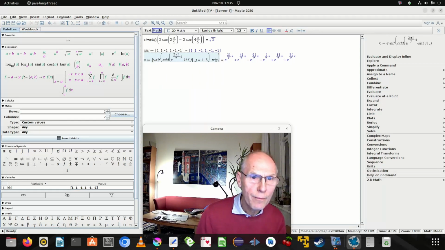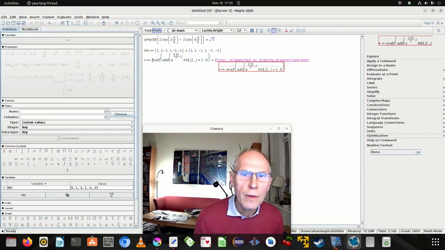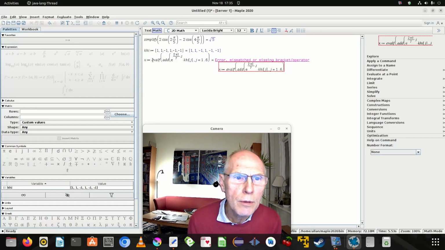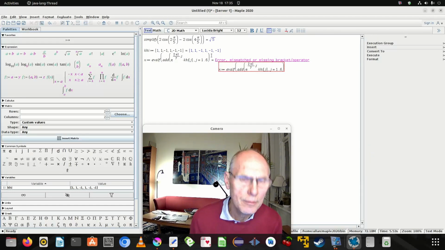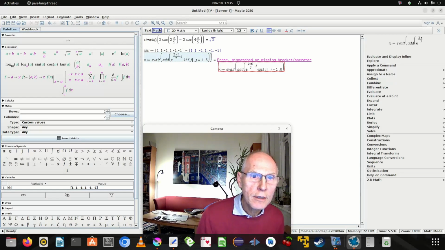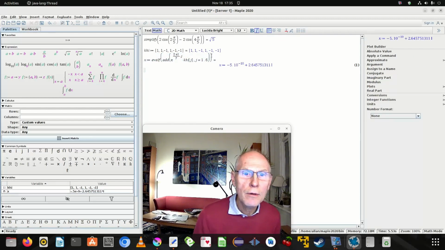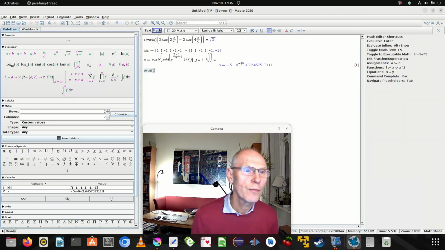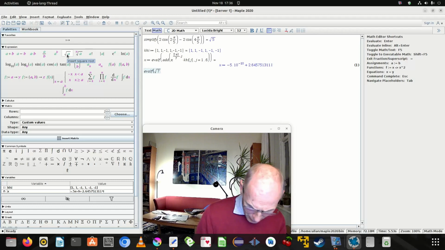Call it x. Oh, Maple still needs the parenthesis. There we go. And then square root 7. Just to make sure, this is of course plus square root 7. It's just to make sure that I have done it correctly.